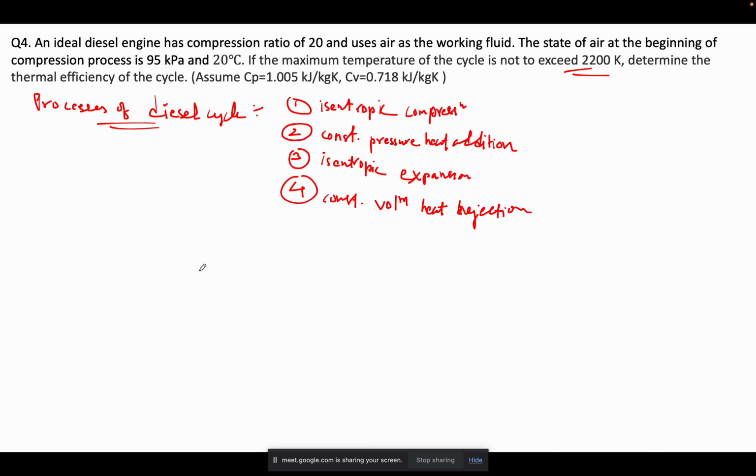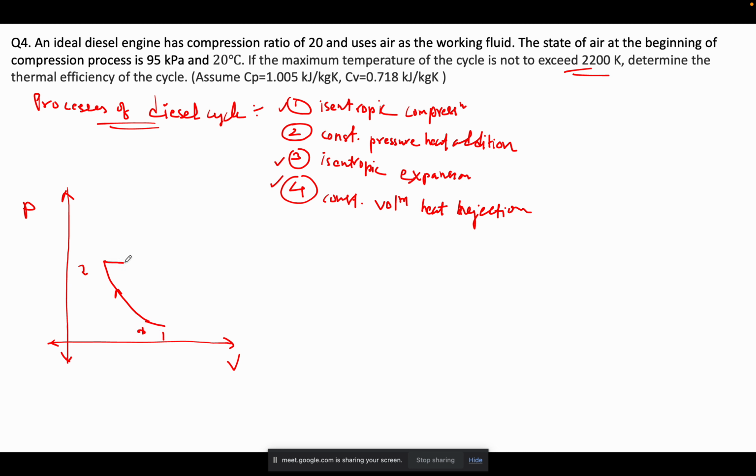Now the TS diagram will be interesting because these are the same, only this thing is different. So let us first draw the PV diagram, then we will draw the TS diagram. So 1 to 2 is compression, pressure increases and volume decreases. The second is constant pressure heat addition. So this is your heat addition.